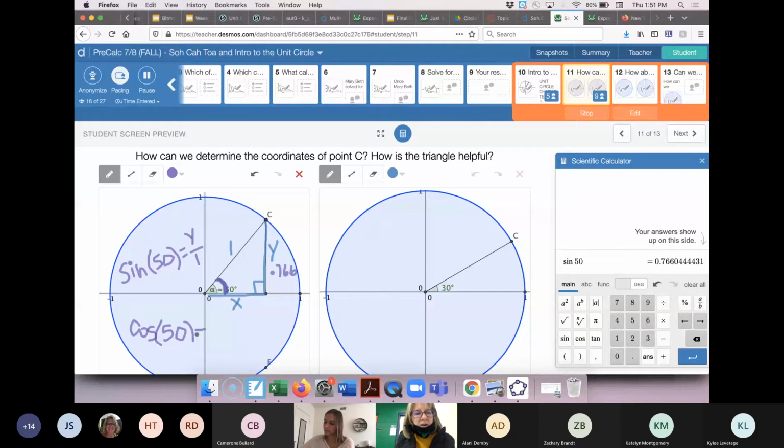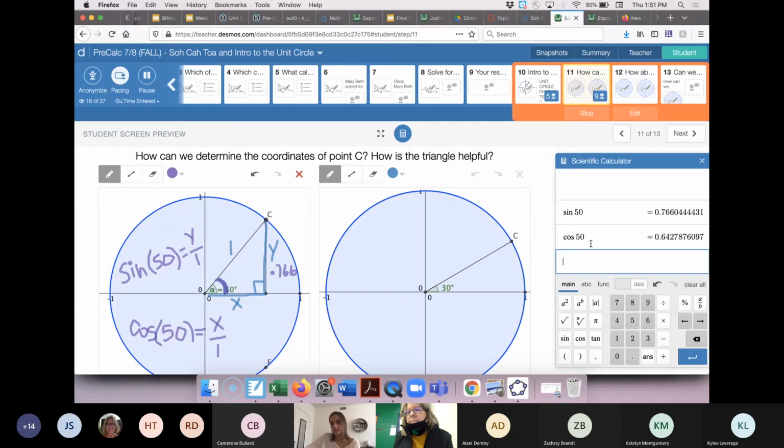Sine and cosine are very instrumental in the unit circle. Cosine is adjacent, which is x, over hypotenuse, and the hypotenuse is 1 again. So x is just going to be the cosine of 50, which is 0.643. I'm going to round it to 3 decimal places.